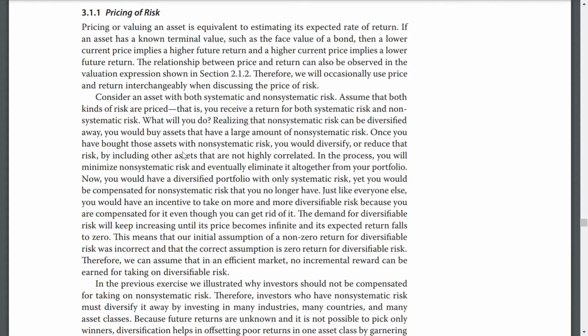Now you will have a diversified portfolio with only systematic risk, yet you will be compensated for non-systematic risk that you no longer have. Just like everyone else, you would have an incentive to take on more and more diversifiable risk because you are compensated for it, even though you can get rid of it.